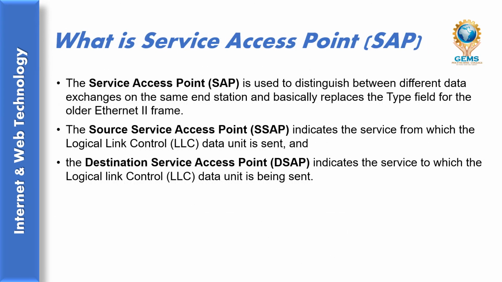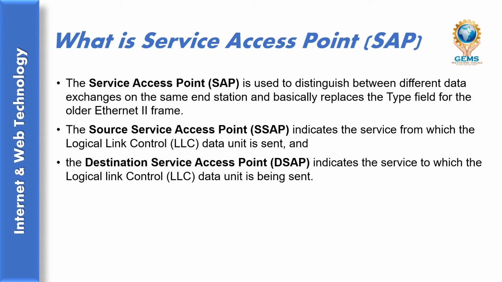Next one is the service access point. The service access point is used to differentiate between different data exchanges on the same end station, and basically this replaces the type field of the older Ethernet 2 frame. Here are the source service access point and the destination service access point.